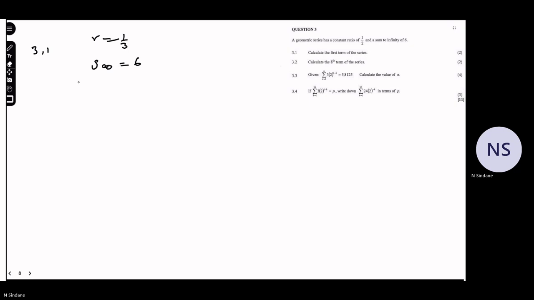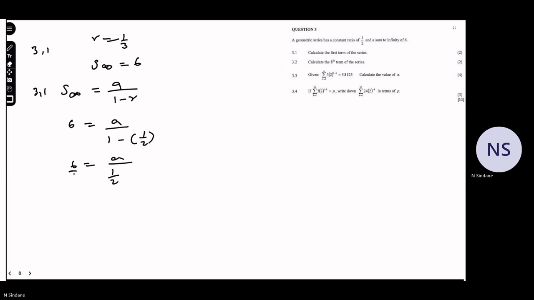So they want to know the value of a. So the sum to infinity is equal to a over 1 minus r. And the sum to infinity is equal to 6. Then this is a over 1 minus 1 over 3. So 6 is equal to a over 1 over 2.